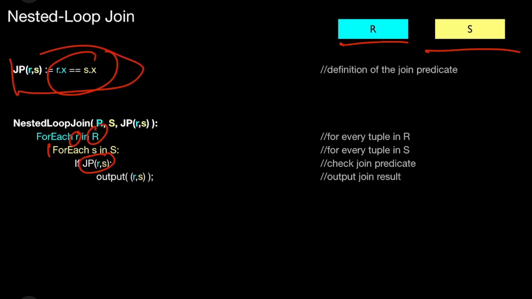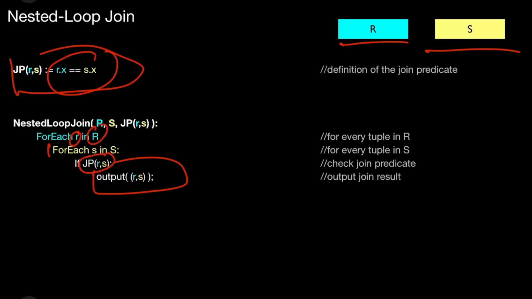Each possible combination of R and S is checked, and only if that is the case, you output a join result. That's called nested loop algorithm. Algorithm is a big word for this thing. It's 2 nested loops. What can go wrong?